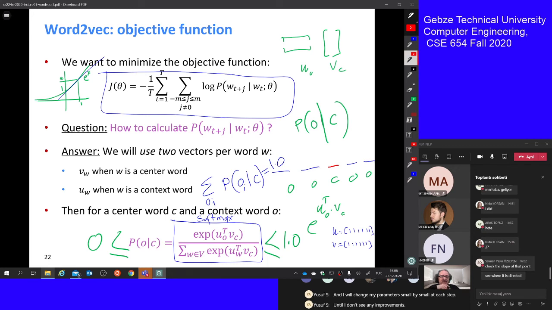At that point I will tell you these are the values of those vectors.